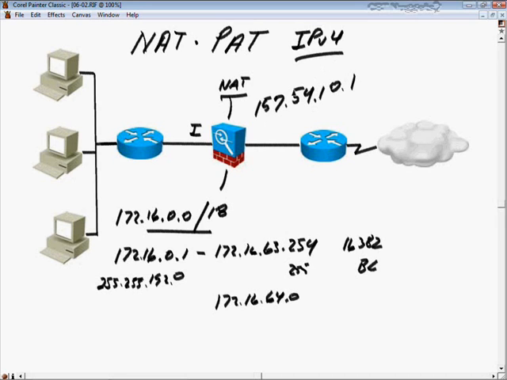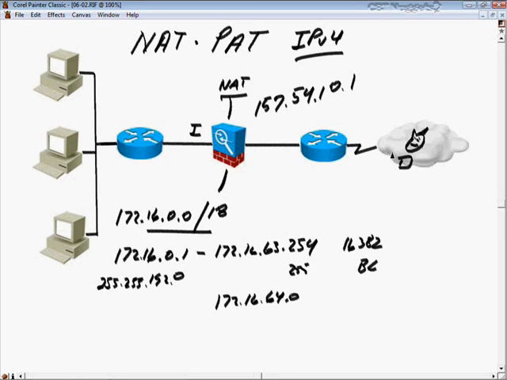And secondly, it's a security mechanism because it hides from the outside world and our malicious users out there. We hide the internal IP addressing scheme from the malicious user so that they cannot use that information against us and attack our network. So it provides two things.